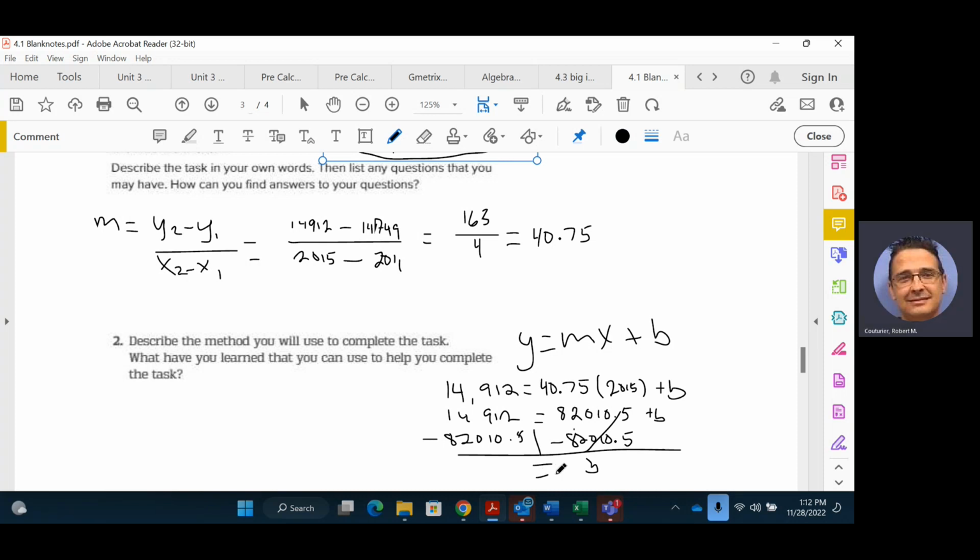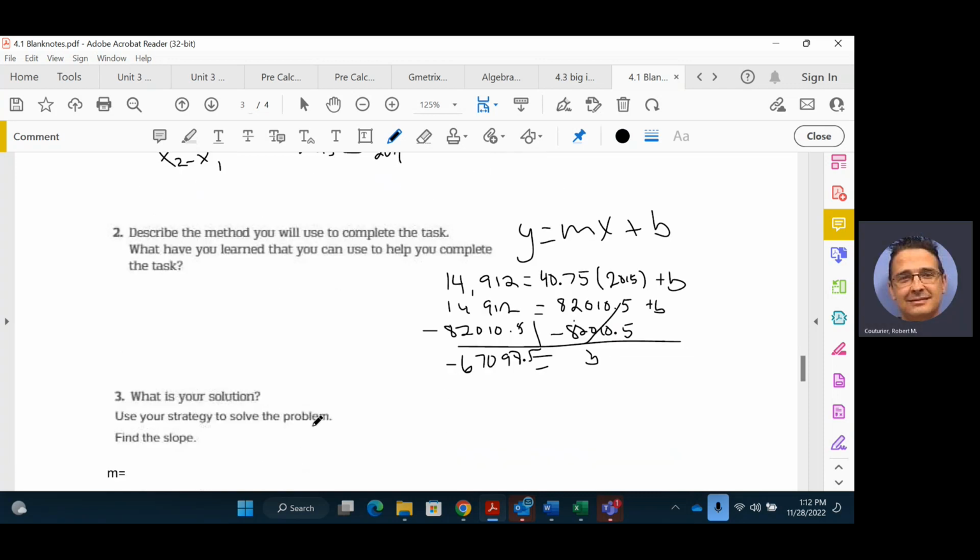And I do that in my calculator. Negative 67,000. I have my B, I have my M, and we can kind of write our equation.